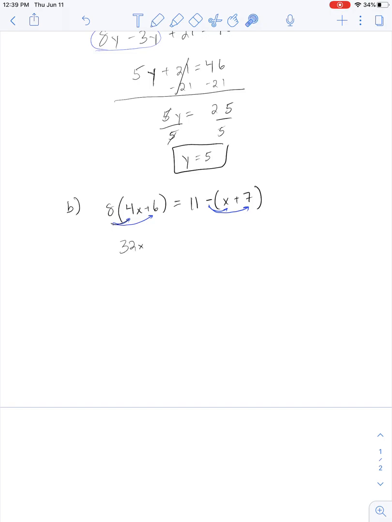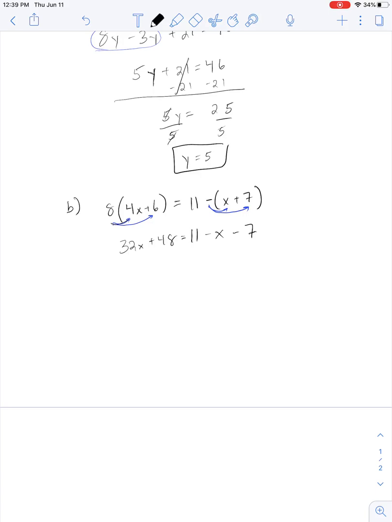Then we do 8 times 6, and that gives us a positive 48. We bring our 11 down, and now this negative is going to get distributed to that x, making that a minus x, and then this negative gets distributed to the 7, making it a negative 7.